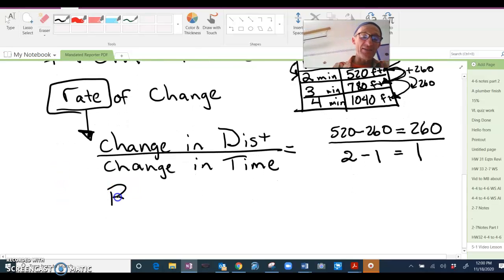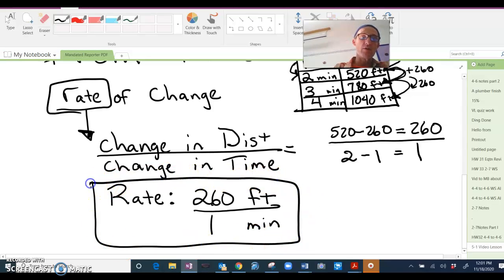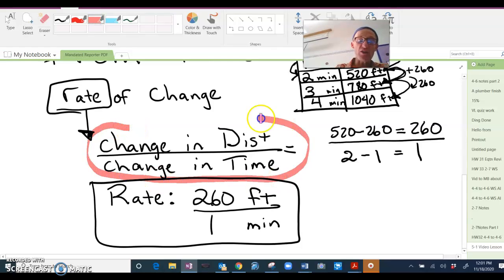So the rate in this table is 260 feet per 1 minute. So that's how you find the rate of change in a table. It's the change in the distance divided by the change in the time.